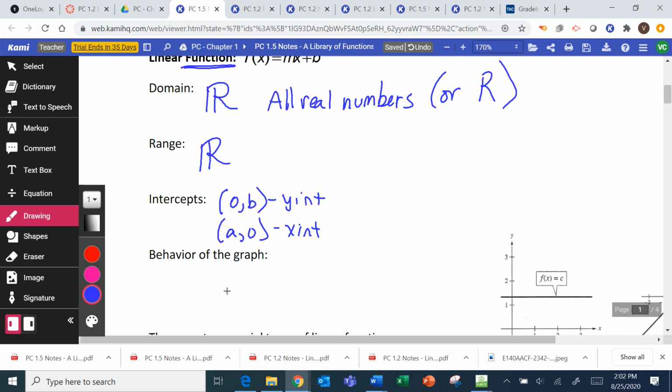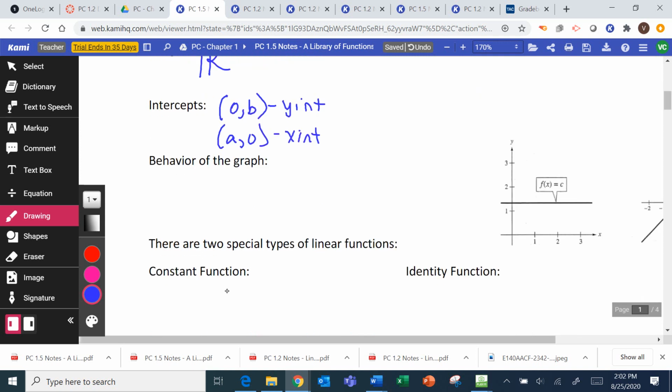Just remember for intercepts, the other variable is 0. To have the y-intercept, we have to have a y. It's just x is gone. x is 0. The behavior of the graph: lines go either constantly increasing or constantly decreasing. So the behavior could be going from down to up or from up to down as you read left to right.